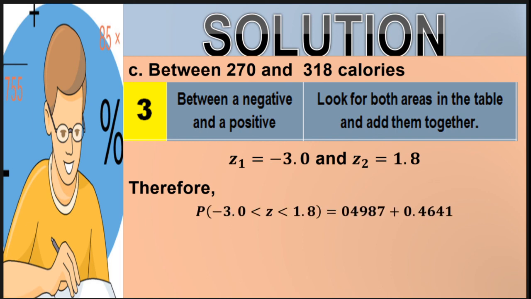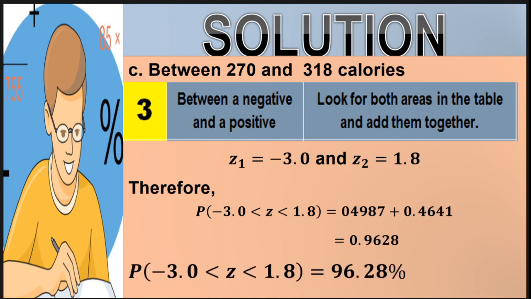Therefore, the probability between negative 3 and 1.8 will be equivalent to 0.4987 plus 0.4641. So we will have 0.9628. Therefore, the probability between negative 3 and 1.8 is 96.28%.